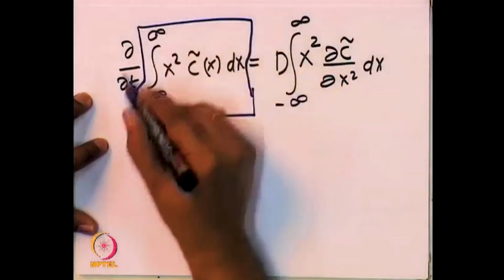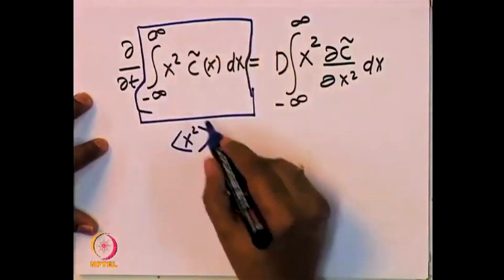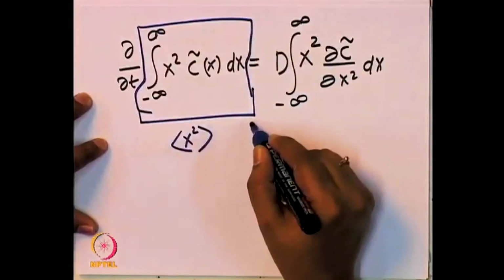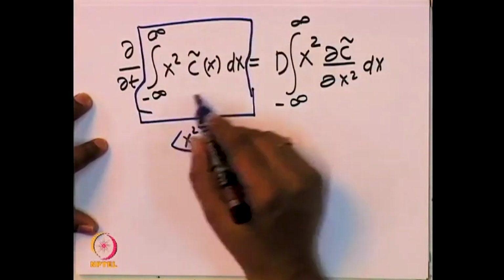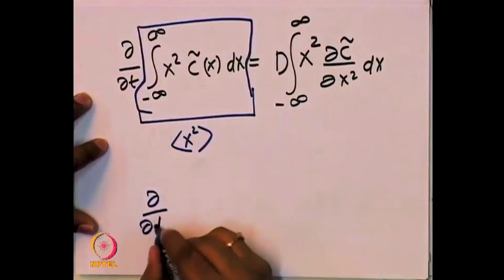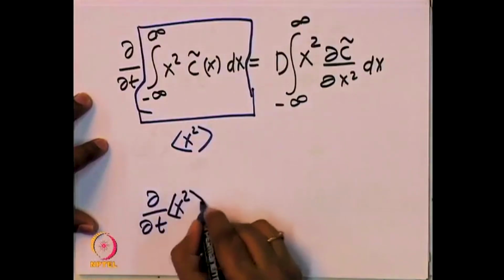This quantity, around which I drew this line, we just defined as x square average. So, the left hand side is del by del t of x square average.